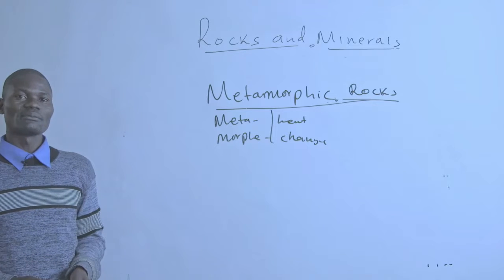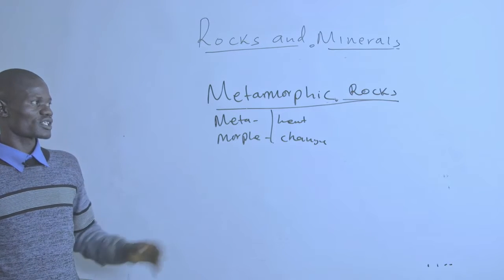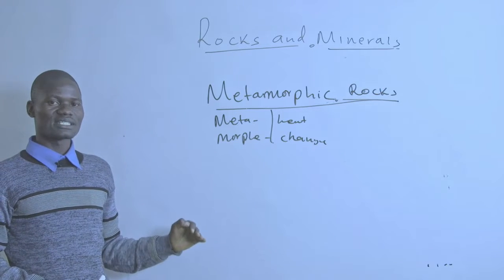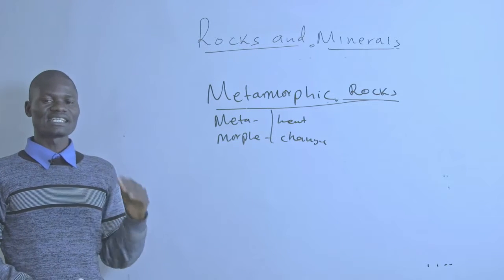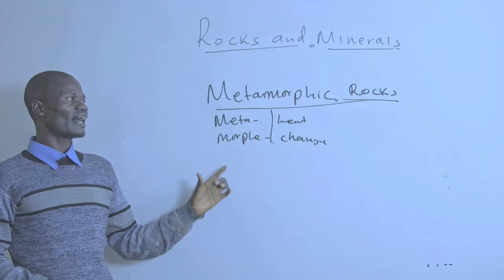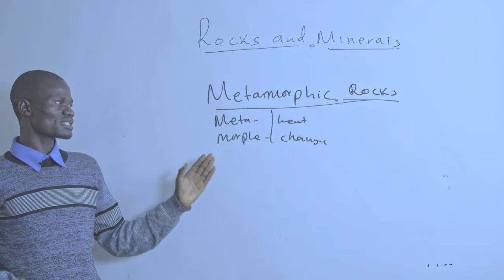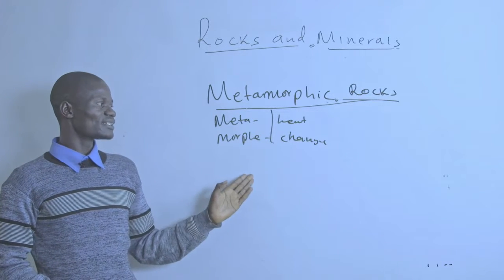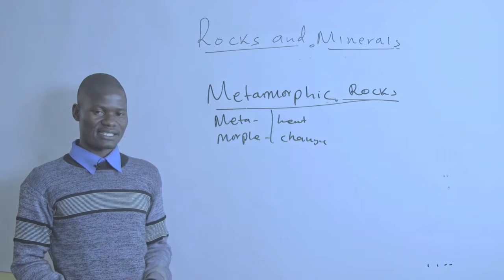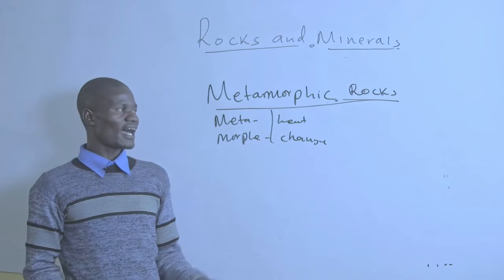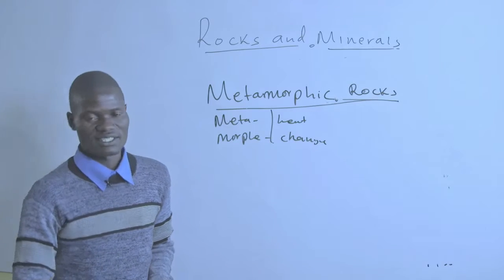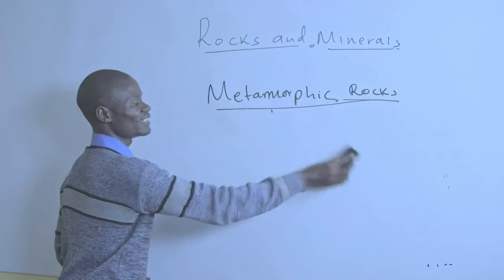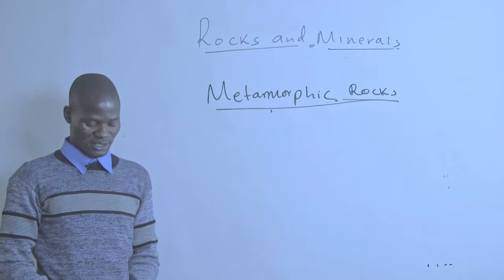Therefore, metamorphic rocks are rocks that are formed from previously formed sedimentary rocks or igneous rocks, but after being subjected to heat or pressure, they change their characteristics and appearance, and give a totally different appearance and characteristics.